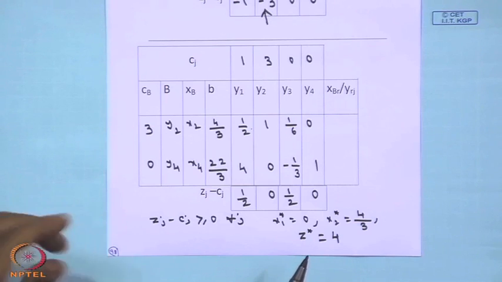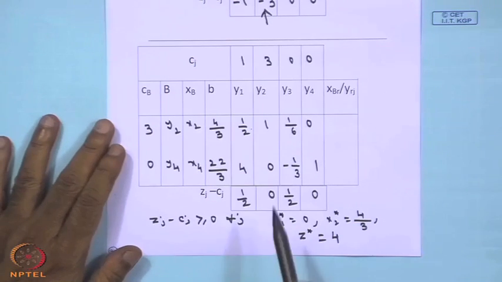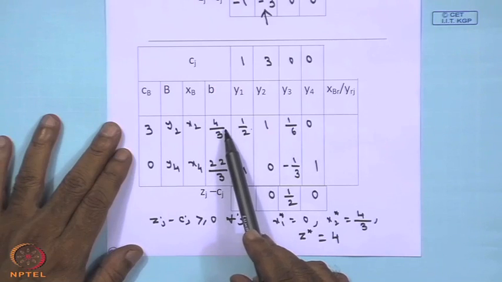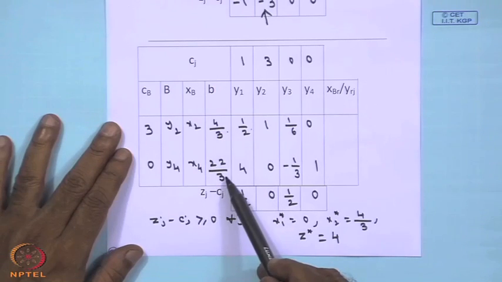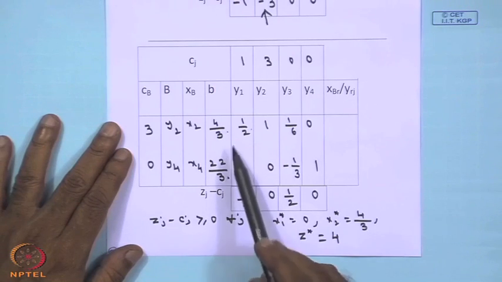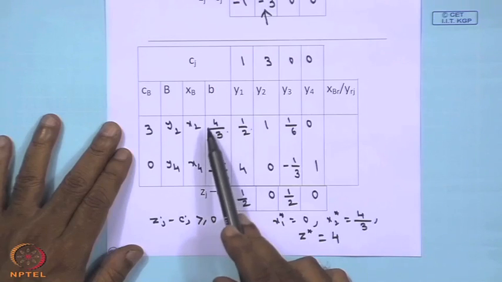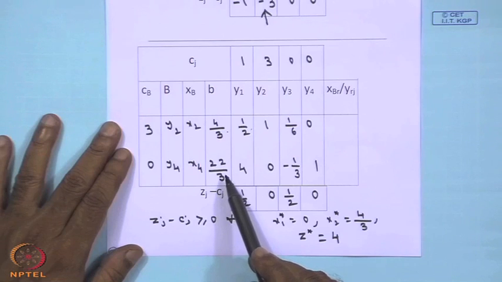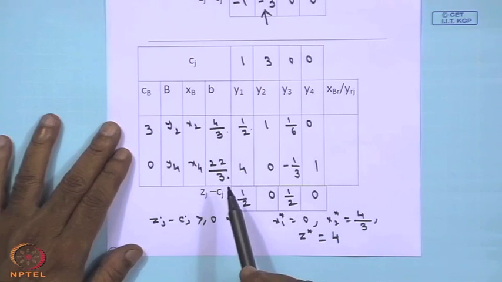What we have told? Here the fractional part of xB i is which one? The fractional parts are of 4 by 3 and 22 by 3. So, you have two non-integer variables, one is 4 by 3, another one is 22 by 3. Therefore, for both cases the fractional value is 1/3 only.